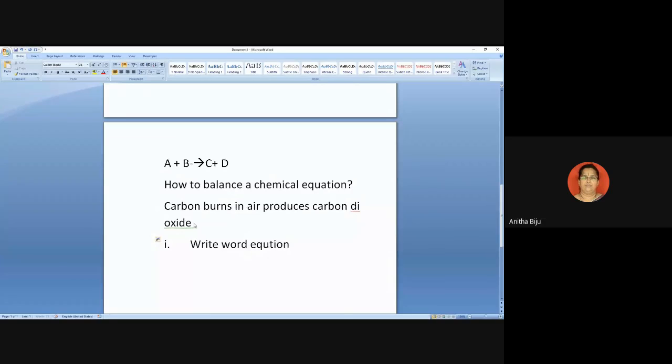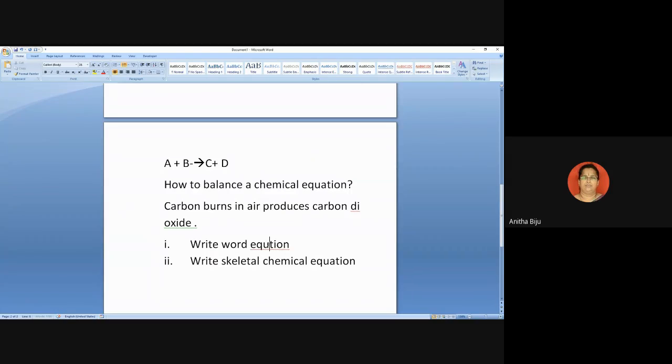And the second step is to write the skeletal chemical equation.